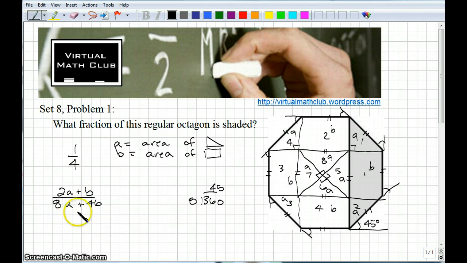And you can see that we could factor a 4 out of the bottom. So we still have 2A plus B on top, and if we factor a 4 out of the bottom, we get 4 times 2A plus B. And of course 2A plus B over 2A plus B is just 1, so we get 1/4 that way as well. There are probably other ways that you could do this problem, but the answer is going to be 1/4.